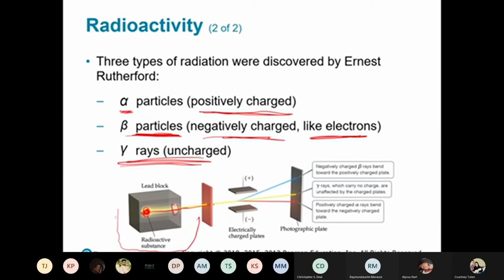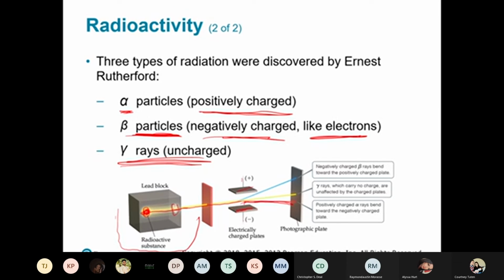It goes through this little filter here, and then it encounters these electrically charged plates, negative and positive. When it goes through that, you could see that the positively charged particles, which were the alpha particles, came down here because they were attracted to the negative plate.